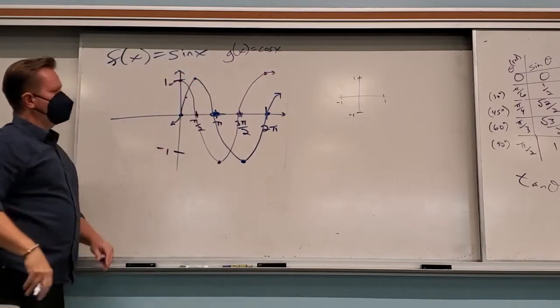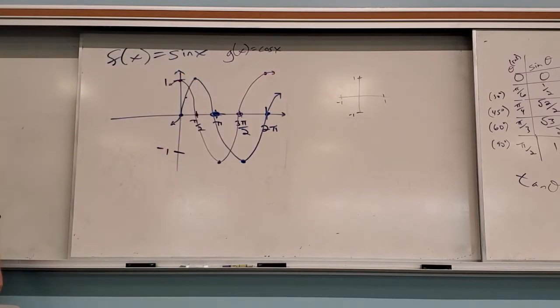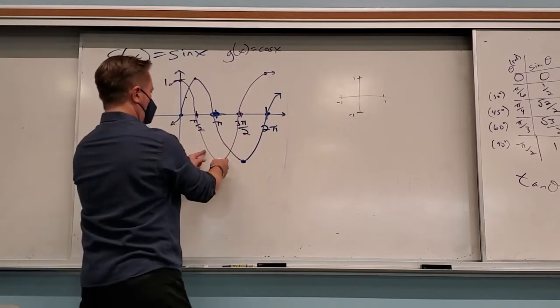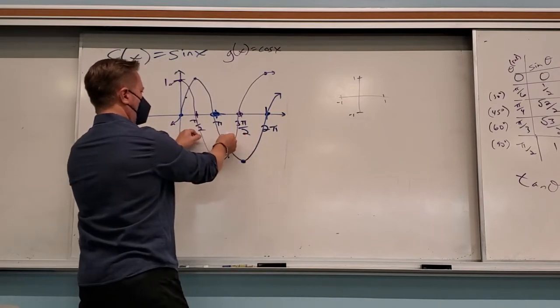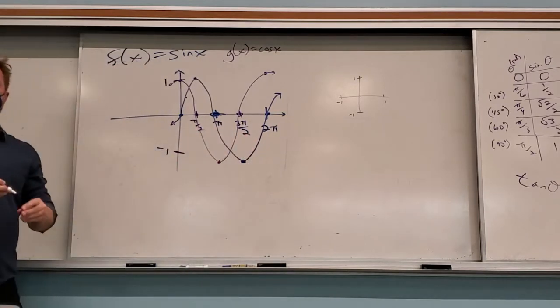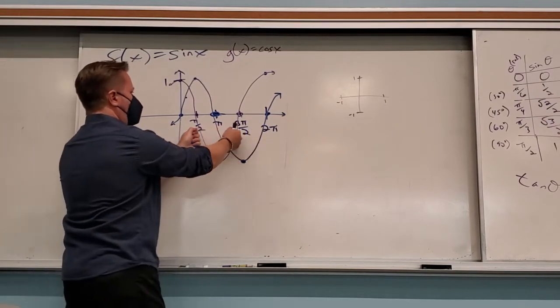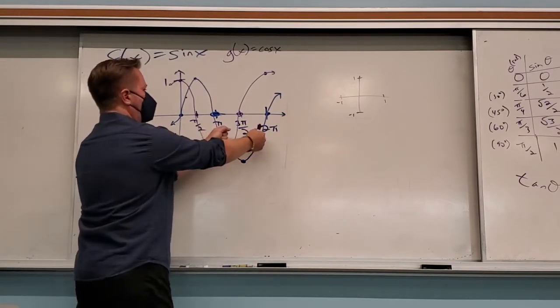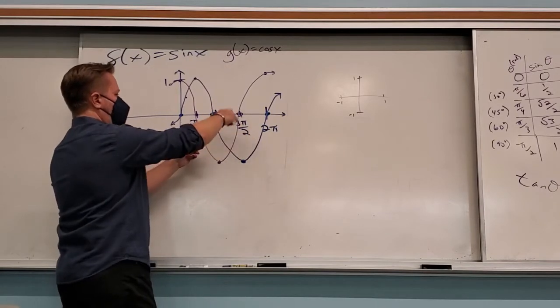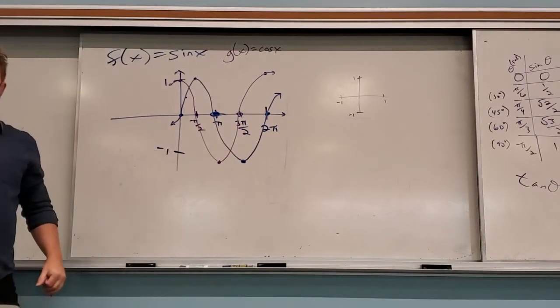Aren't they the same shape? Do you not agree with me they're the same shape? Isn't this purple line just this line shifted? Do you guys see that? If I just took the blue line and I shifted it back a certain amount, in fact, how much back would I shift it so it would be perfectly on the purple line?